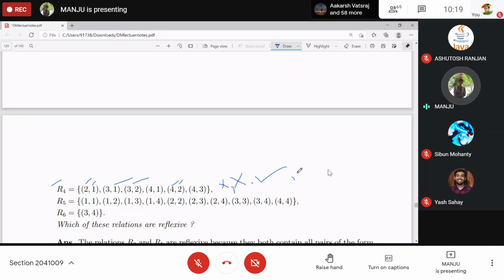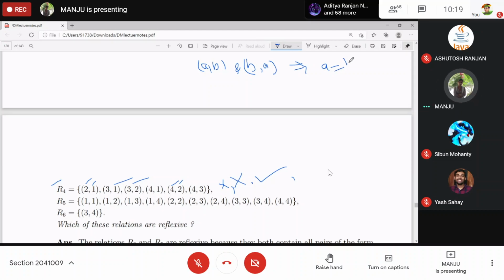What about antisymmetric? Ma'am, can you explain antisymmetric once again? I didn't get it. See, in antisymmetric, if A is related to B and B is related to A, then it should be the condition that both are the same.